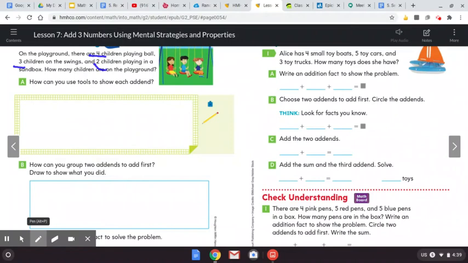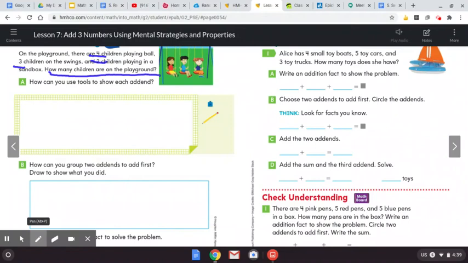And we know that we're going to add because, hopefully you already know, because it's how many children are on the playground. They're still all together. All right.